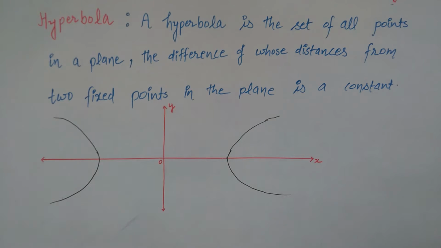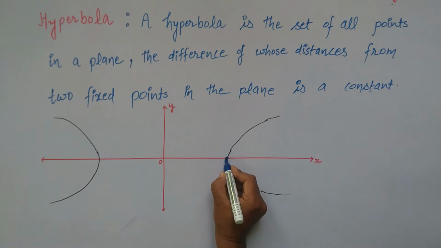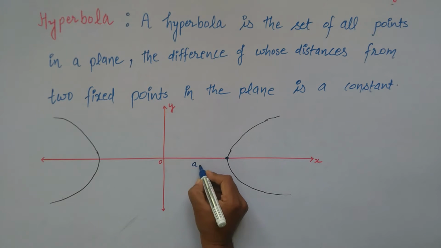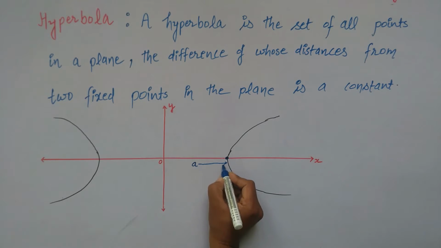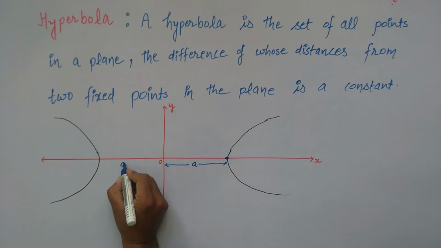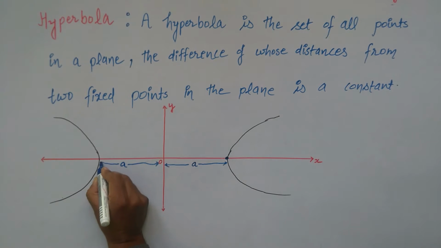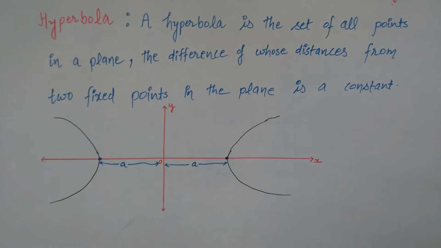Geometrically, this is the shape of the hyperbola. The coordinate axes, x-axis and y-axis, meet at the origin O, and suppose this distance is a. This is a unit distance. Likewise, here we have a unit distance on the left side from the origin, and these two points are called the vertices of the hyperbola.